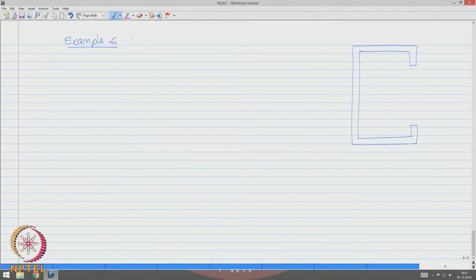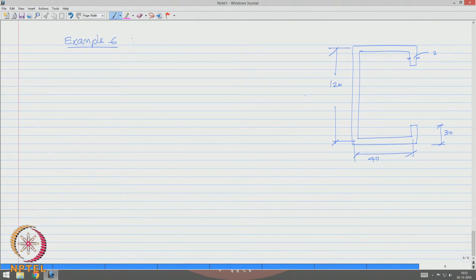Let us say this dimension is 30, this dimension is 40 and this dimension is 120, and the thickness is 2.